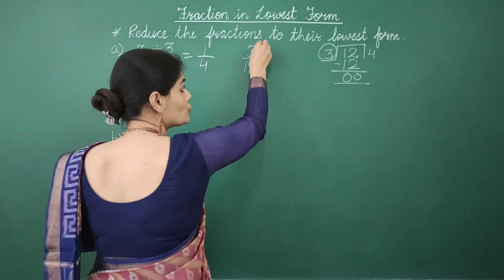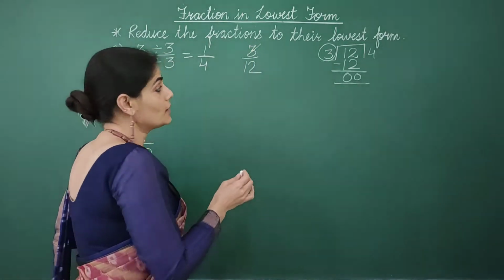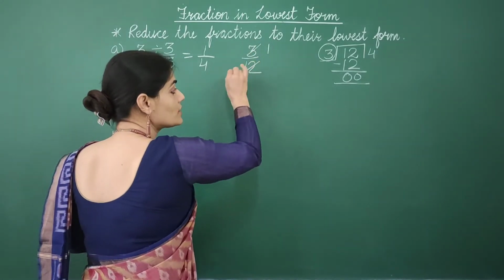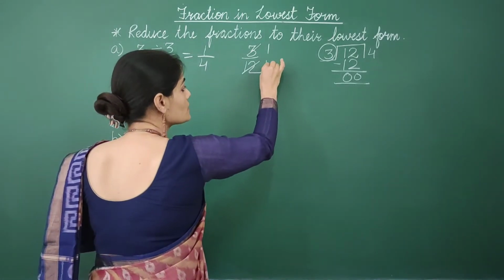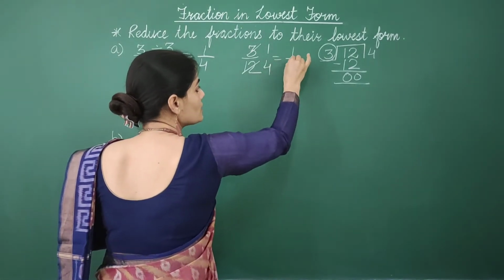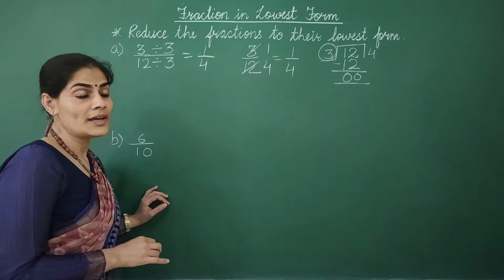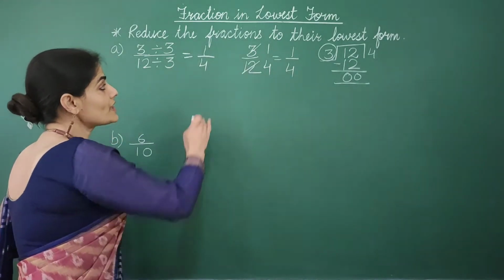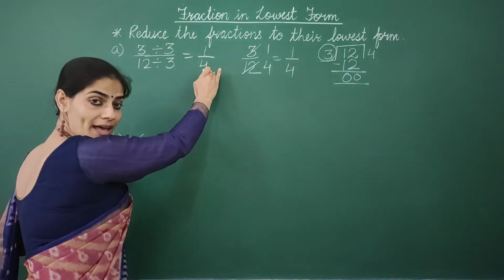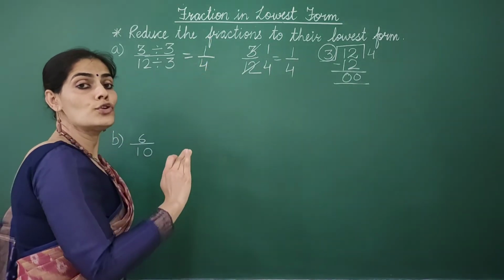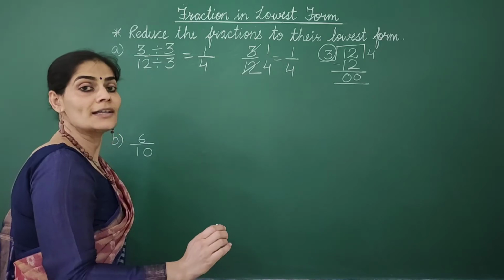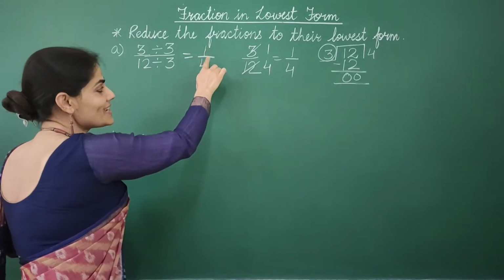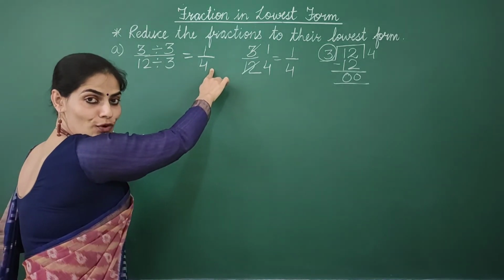Now I divide 3 by 3. 3 divided by 3 gives me 1 and 12 divided by 3 gives us 4. So the answer is 1 by 4. And what do we observe, my dear students? We observe that the numerator as well as the denominator have no other common factor other than 1. So that means it is in the lowest form now.